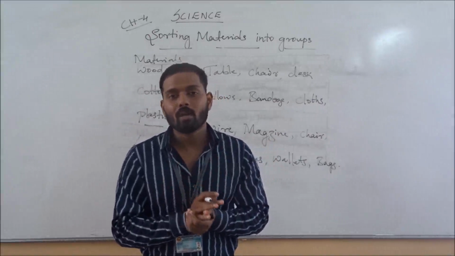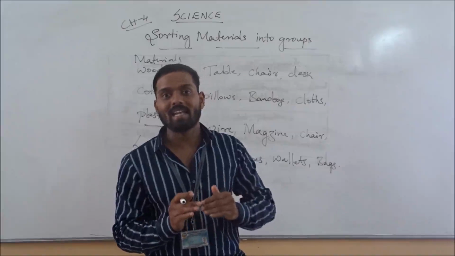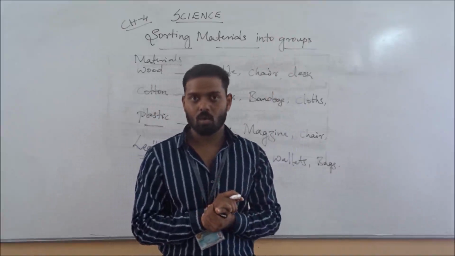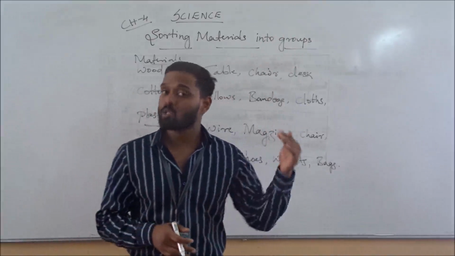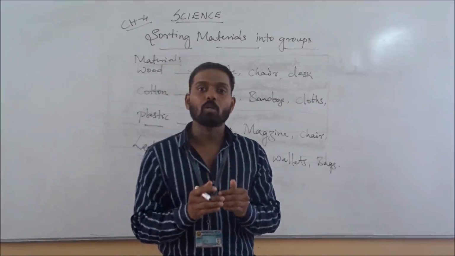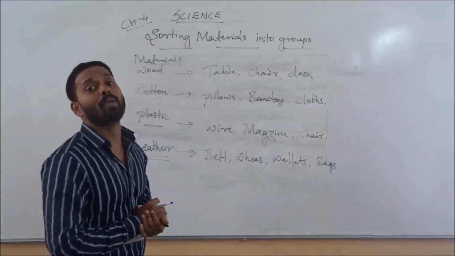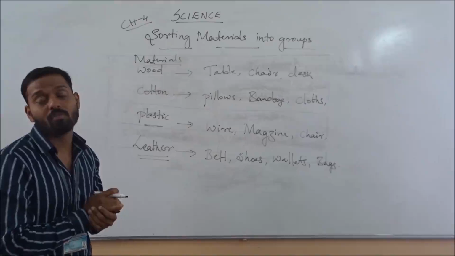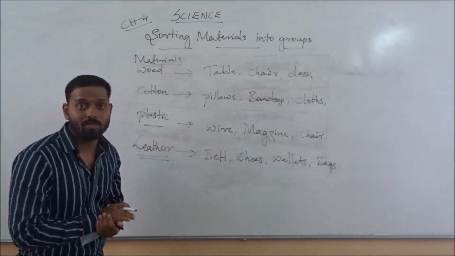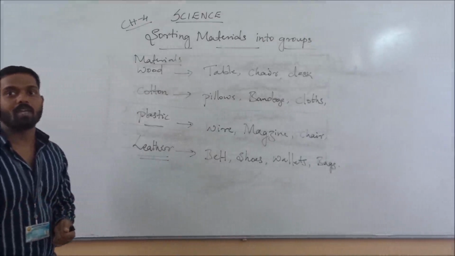How can we make groups? Based on certain similarities and certain dissimilarities, that means differences. Based on the differences and the similarities, we will make groups. That means we will make a classification of the materials and objects present in our surroundings.